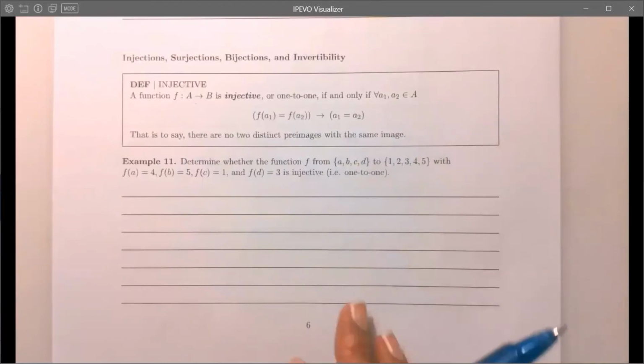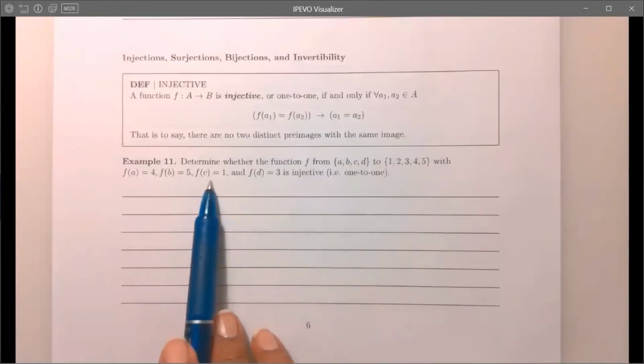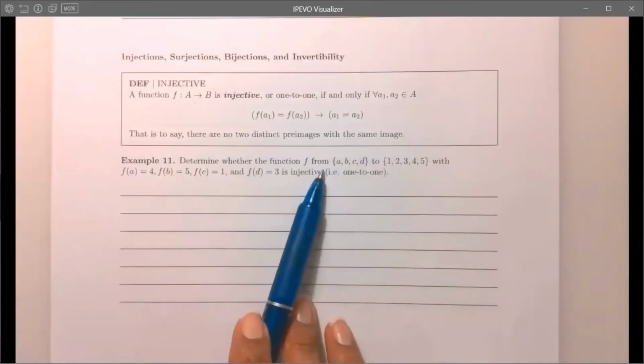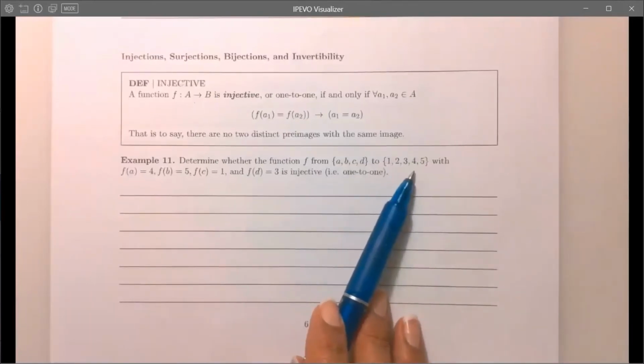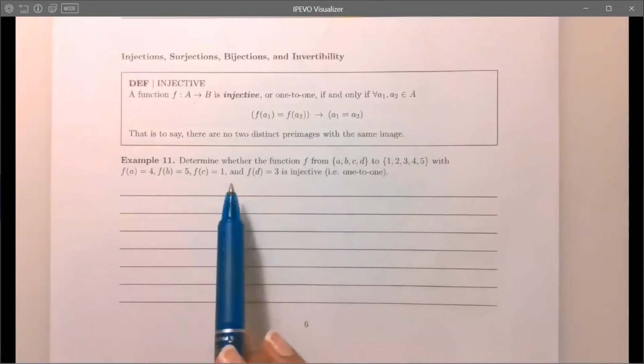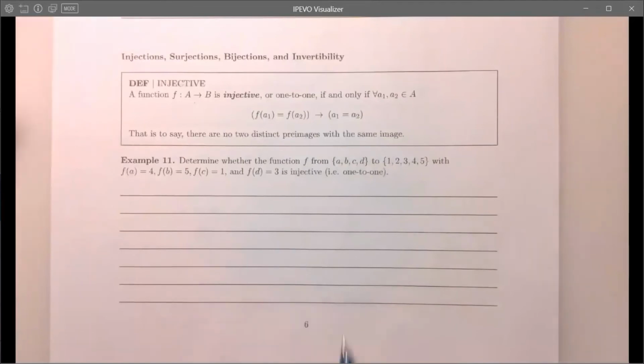Basically, if you take a look at the range, nothing in the range is going to correspond to two different inputs. So for example 11, determine whether the function f from the set a, b, c, d to the set 1, 2, 3, 4, 5 with this definition is injective, meaning if it's one-to-one.